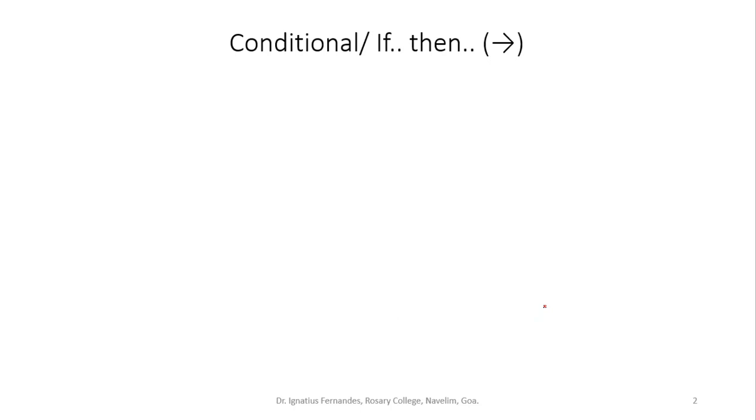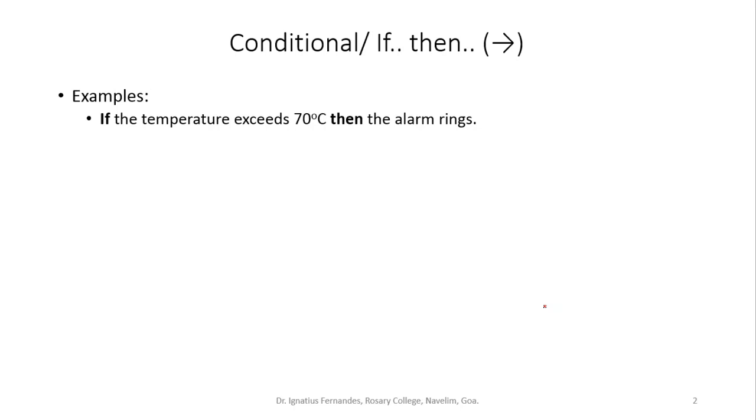To start with conditional, we have already talked about what a conditional connective is. In this case, there is a statement like if P then Q. If you look at this example, it reads as: if the temperature exceeds 70 degrees Celsius, then the alarm rings.